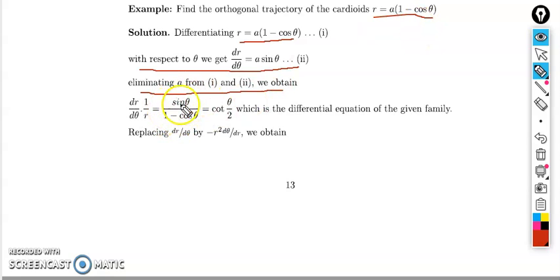The a should be cancelled out from numerator and denominator, and sin theta is expanded as 2 sin theta by 2 cos theta by 2, and 1 minus cos theta is the multiple angle formula, equal to 2 sin square theta by 2. So sin theta by 2 should be cancelled out from numerator and denominator. In that case, the denominator consists of sin theta by 2 and the numerator consists of cos theta by 2. So the result becomes cot theta by 2, which is the differential equation of the given family of cardioids.